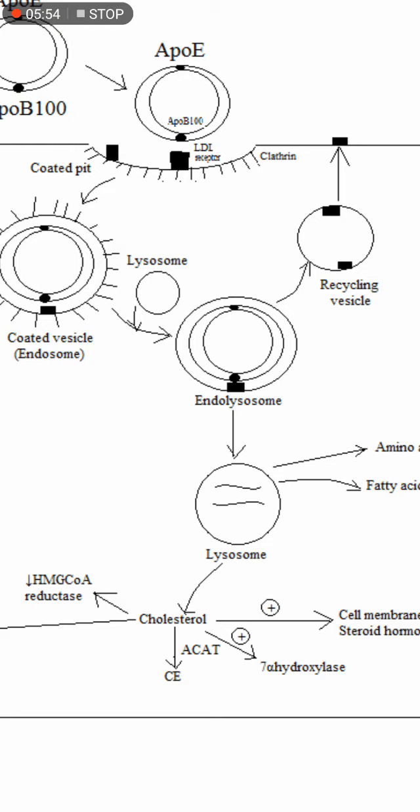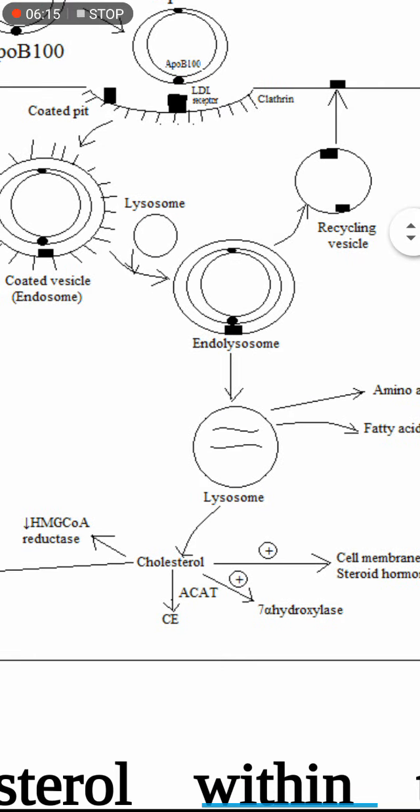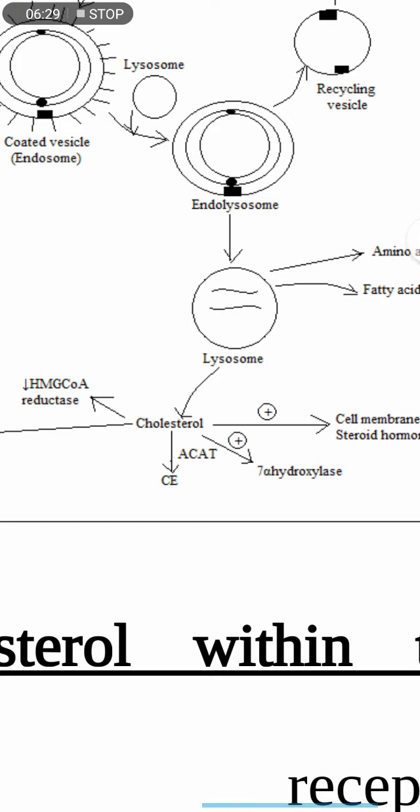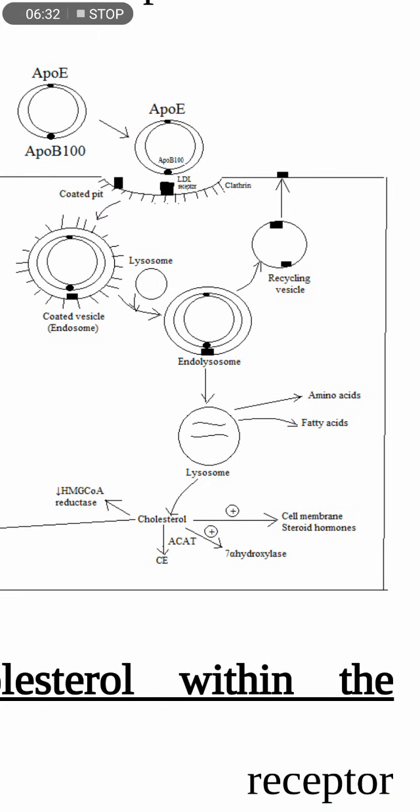By the action of lysosomal hydrolytic enzymes, all the protein of LDL gets hydrolyzed to amino acids, which are either utilized for protein formation or broken down into catabolic end products. Cholesterol ester is hydrolyzed to fatty acid and cholesterol, and the fatty acid is reutilized for esterification or catabolized to produce ATP.